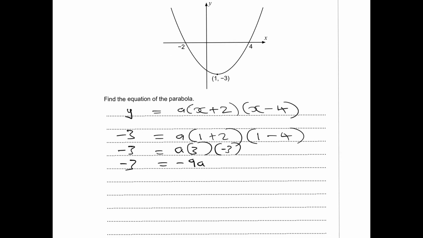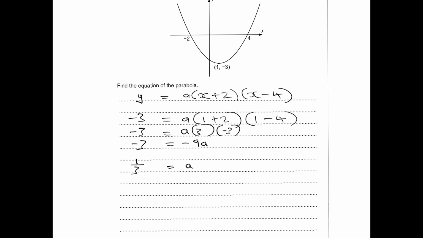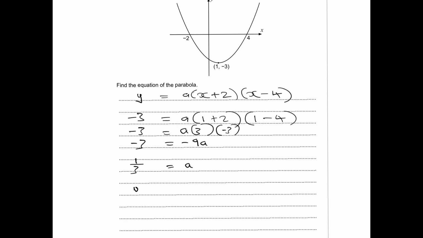So what will be our a then? If we divide both sides by negative 9, we are going to get a is equal to 3 over 9, simplified to 1 over 3. So that is the value of a. So now we know our a, so we substitute our a into the first equation there.